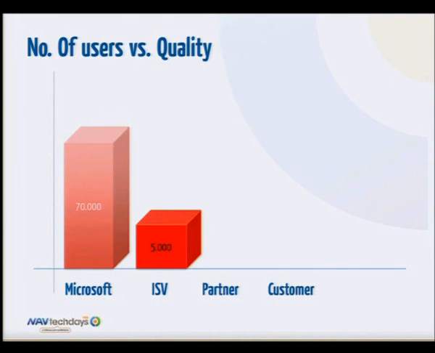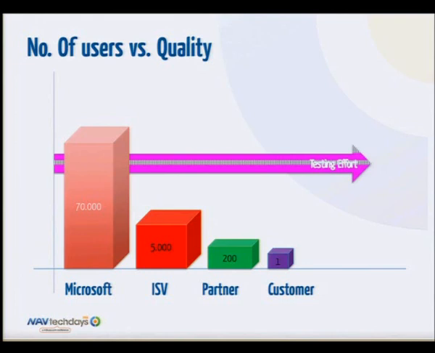I think if you have that, you're very proud. A partner can have 200 customers, and a customer has only one database. But the testing effort for all of these systems is the same. Microsoft should test their W1 database, the ISV is testing their ISV solution, the partner is testing the customizations, and if a customer changes something, they need to test it as well.